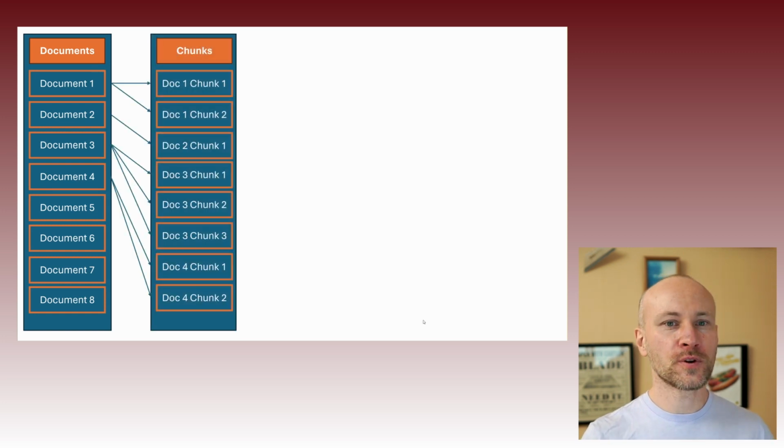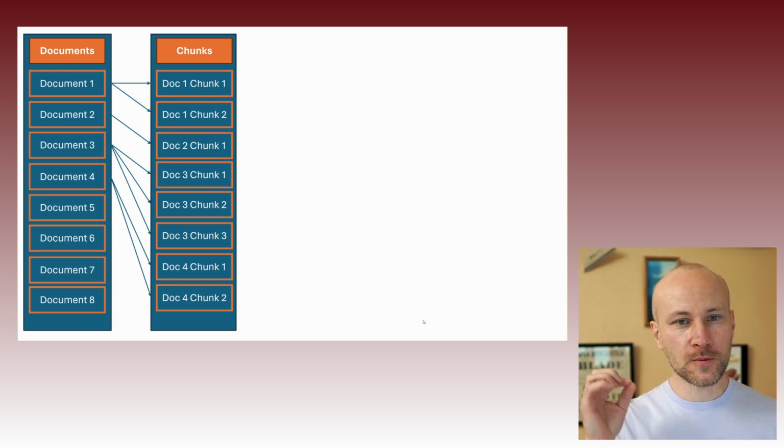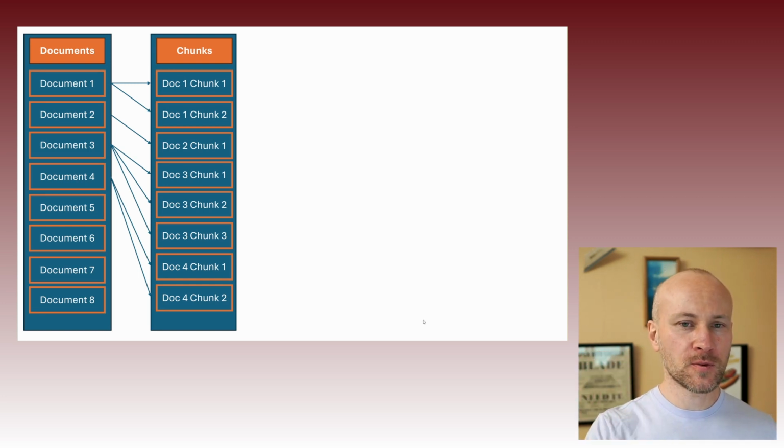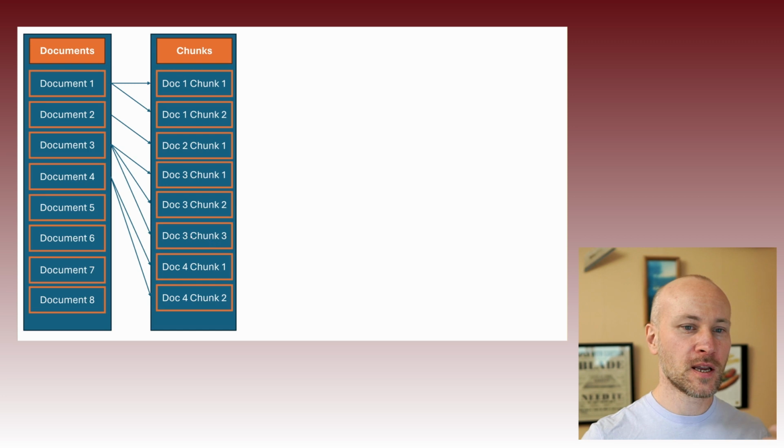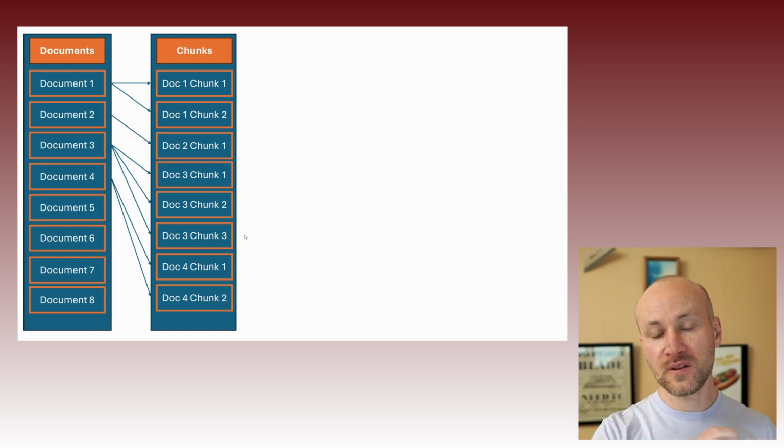We have to break them up into smaller pieces. I call them chunks, you can call them anything you want. Document 1 gets broken up into document 1, chunk 1 and chunk 2. Document 2 happens to be pretty small, so it just gets its own chunk 1. Document 3 is kind of big, so it gets broken up into three pieces. And so on. We are taking these documents and dividing them.